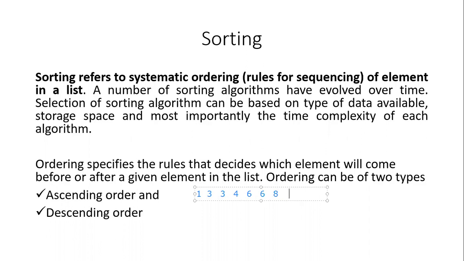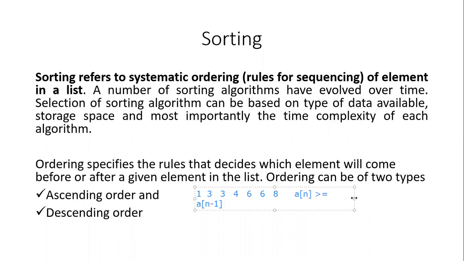Also, the mathematical representation for ascending order is that every element in the list at position n, for example a of n, should be greater than or equal to the element at position n minus 1.